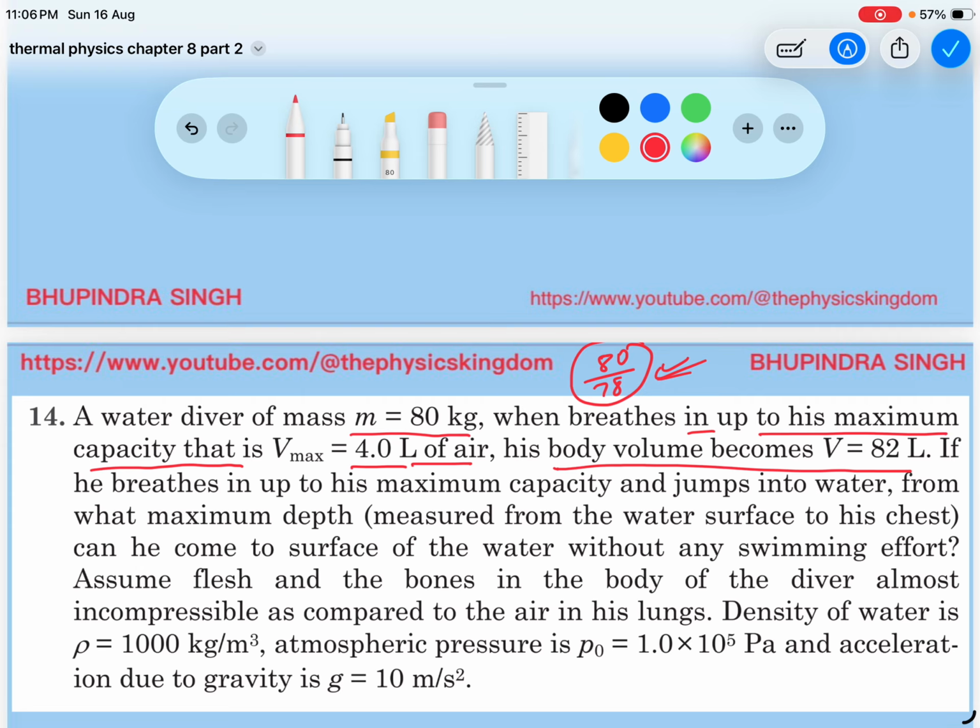If he breathes in up to his maximum capacity and jumps into water, from what maximum depth, measured from water surface to his chest, because when breathing, air accumulates near the chest, can he come to the surface of the water without any swimming effort? Assume flesh and bones in the body of the diver are almost incompressible compared to air in his lungs. Density is given, atmospheric pressure is given.